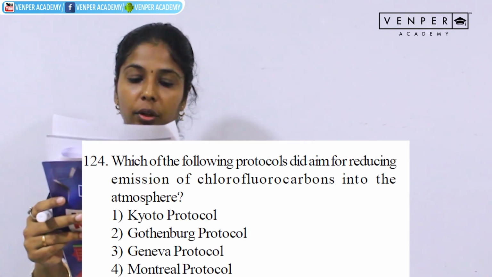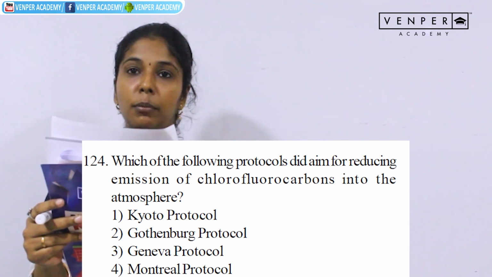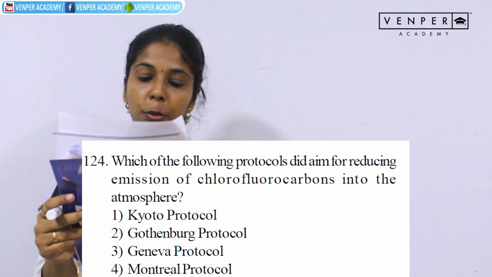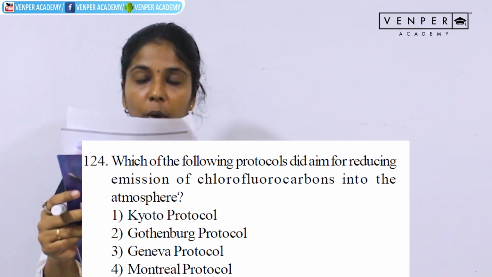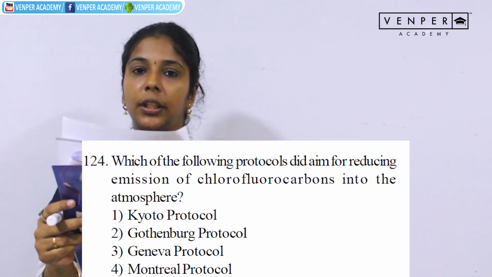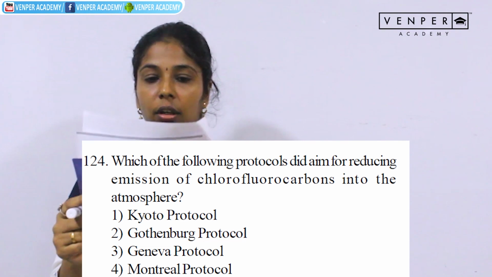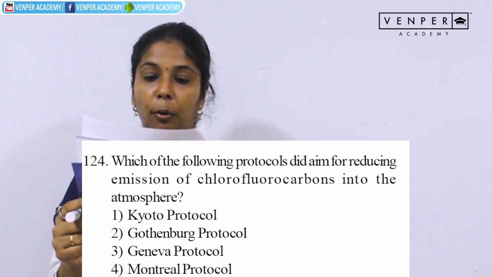Let's move on to the next question. Question number 124. Which of the following protocols aimed at reducing emissions into the atmosphere? The options are option number 1, Kyoto Protocol, option 2, Gothenburg Protocol, option 3, Geneva Protocol and option 4, Montreal Protocol. The correct answer is option number 4, Montreal Protocol.